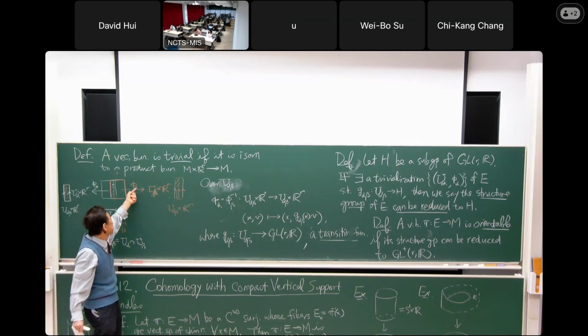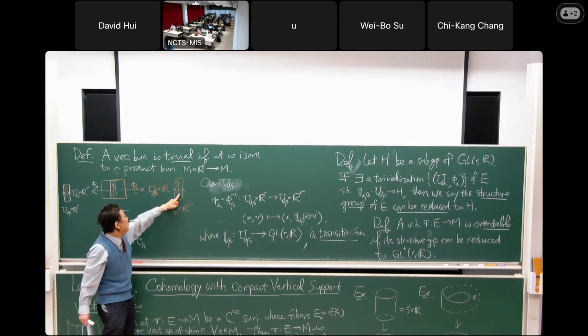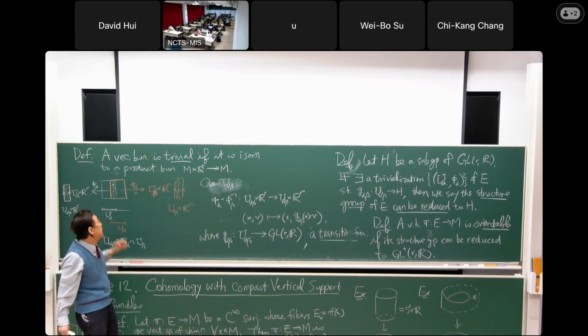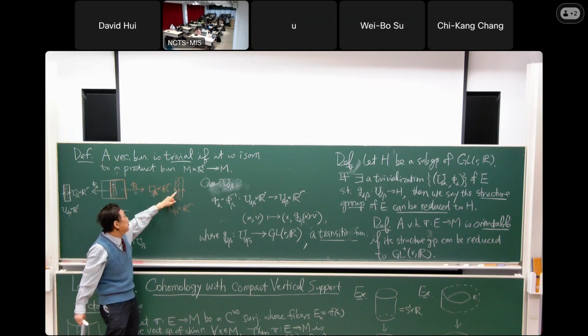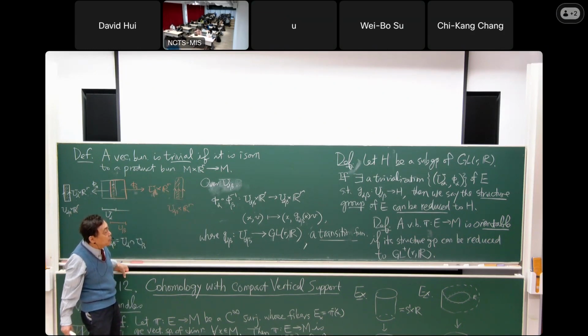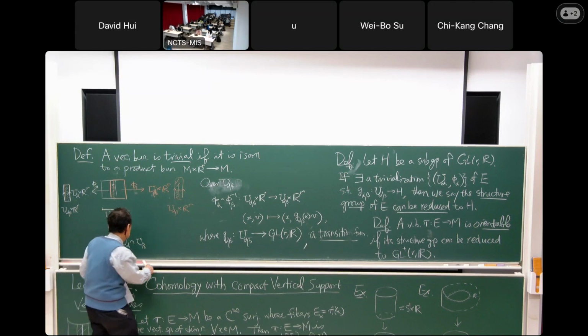So if you fix a trivialization, then this will have the same orientation as R to the R. You can have a different trivialization where this goes to the opposite orientation, right? So in order to fix an orientation on the vector bundle, you have to fix a trivialization, okay?